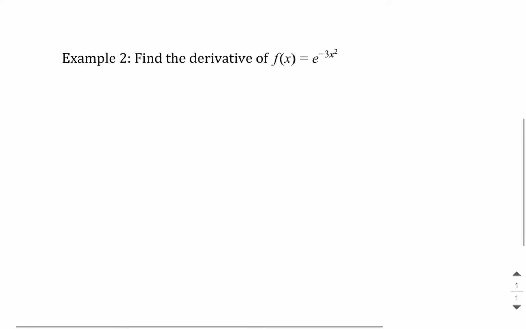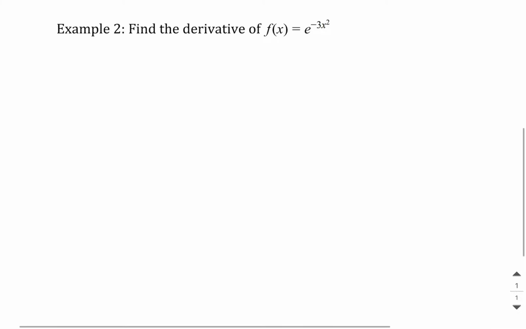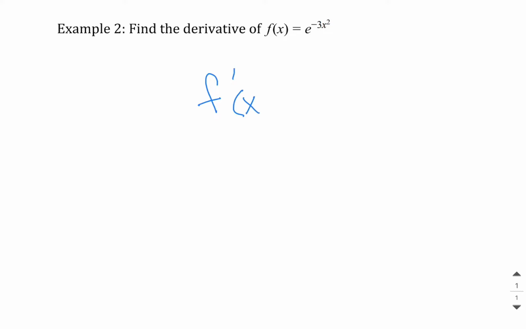Taking a look at another example here, if we want to find the derivative of f of x is equal to e to the negative 3x squared, right, we got a little more going on here. So it's the same rule though. We take the derivative, f prime of x, it's the exact same e power, e to the negative 3x squared. We multiply that by the derivative of the exponent.